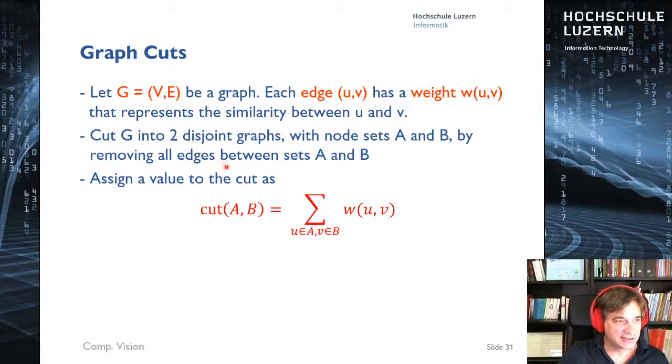How do we calculate this? One idea is we assign a value to this cut, and the value of the cut is just the sum of all the weights of the edges that we have cut.